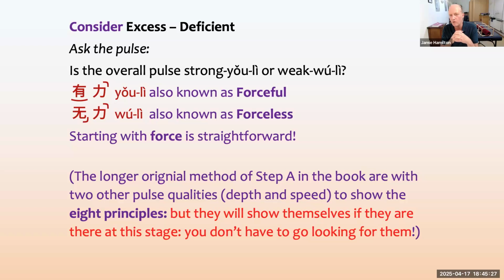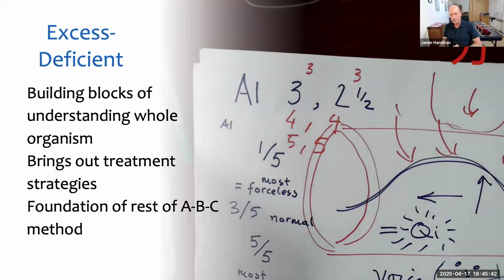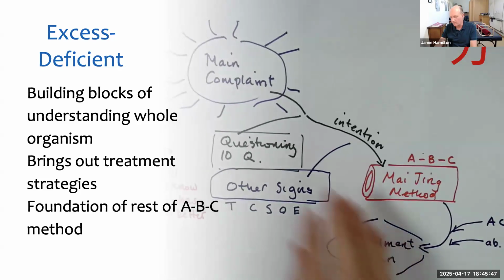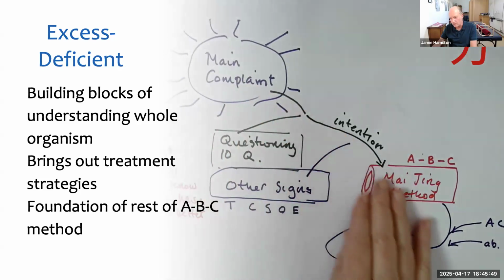This does happen quite often, that I'm trying to do this simple method, and in fact, the more complex thing comes in. So that's the best way of doing it, when it shows itself to you. And remember, it's in response to this question of what to do. It's coming from the main complaint, and we just get it.